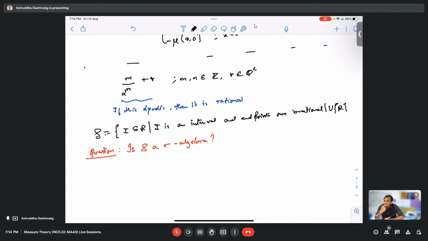Suppose you take this interval, it doesn't matter whether it has irrational endpoints or not, its complement is going to be a union of two intervals, right? This is no longer an interval. So complements are still not inside S. So this is still not a sigma algebra.